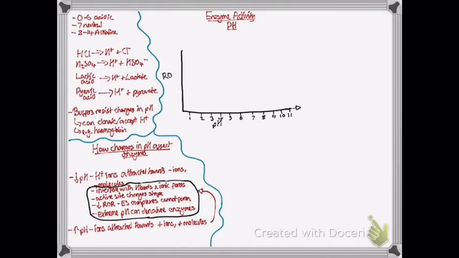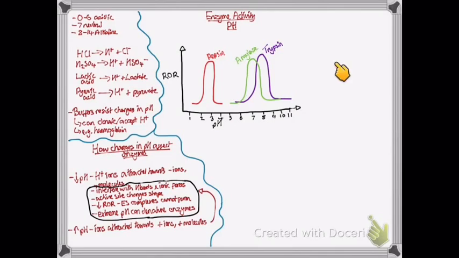So let's look at this graph comparing different types of enzyme and how they're affected by pH. What we get here is a bell-shaped curve. I've drawn on three here. We've got pepsin in red, amylase in green, and trypsin in purple. Pepsin is used in the stomach.